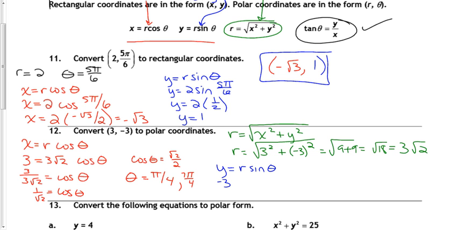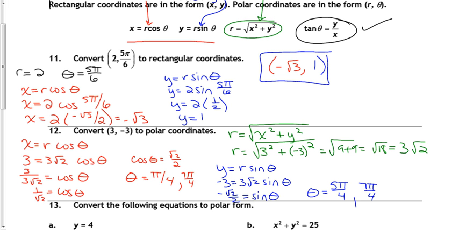So negative 3 is equal to 3 square root of 2 sine theta. And I hope I don't have to go through all that again, but I know that negative square root of 2 over 2 is equal to sine of theta. So I know I have a 45-degree angle, pi over 4, except that sine is not negative when I use pi over 4. Sine is negative when I use, let's see, I need to be in the 3rd quadrant or the 4th quadrant, which means I need 5 pi over 4, and I need 7 pi over 4.